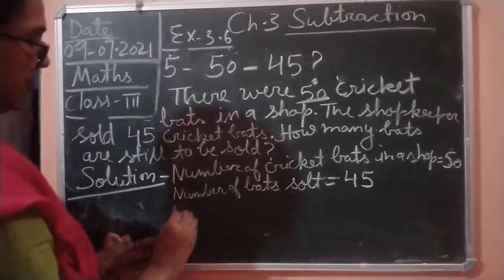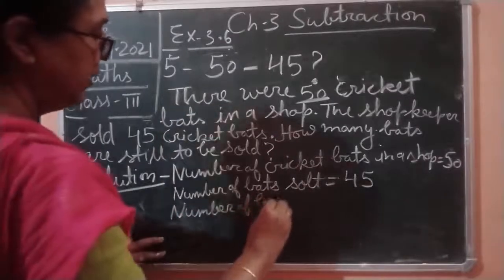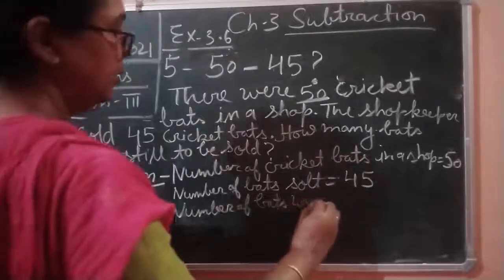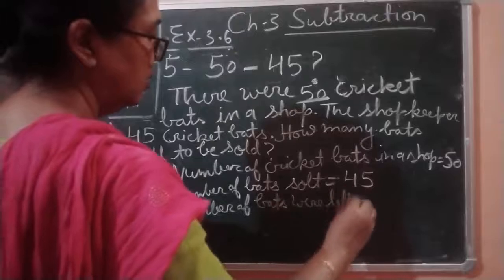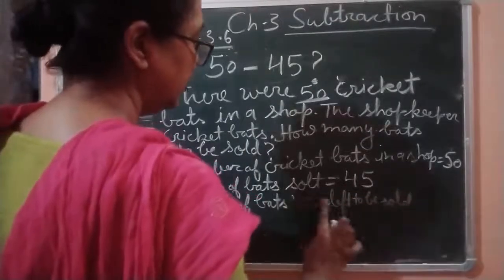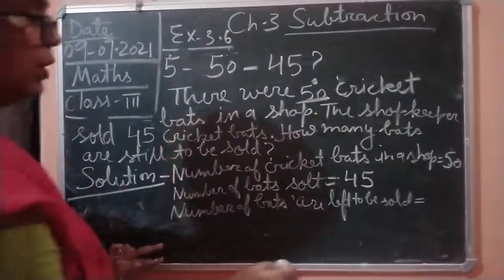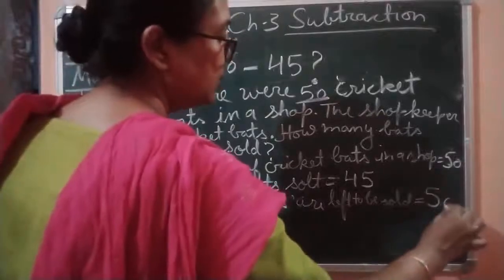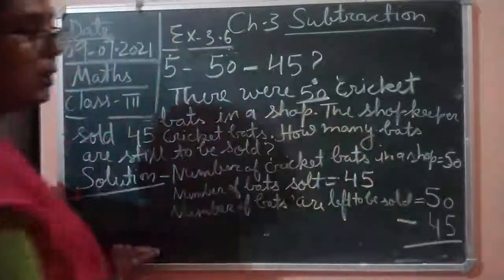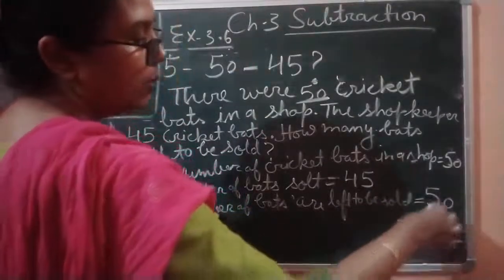Now number of bats were left to be sold, or you can write are left to be sold equal to, what we will do, we will subtract is 50 minus 45. So here you can see what we will do.